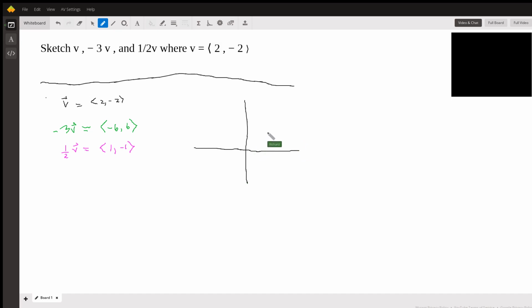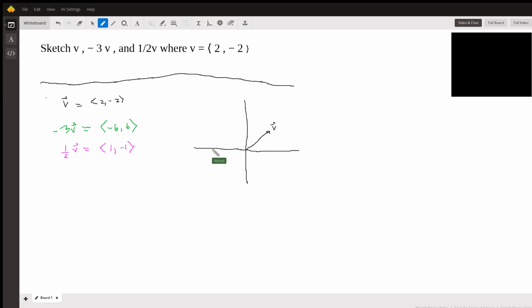The original vector is going to be 2 comma 2. So there it is. That's v here in black. Negative 3v, put that in green. So that's going to be negative 6.